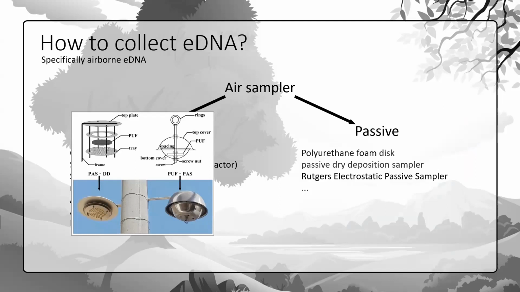The idea that came up was: what if we can build a device that is active, efficient in collecting, but at the same time does not have the disadvantage of the other active samplers of being super expensive and huge, and not really applicable to non-institutional researchers.